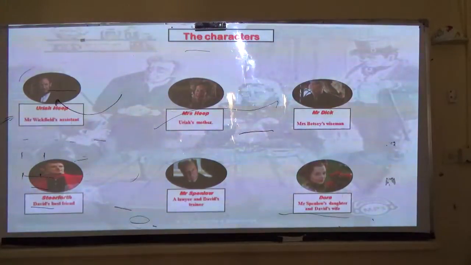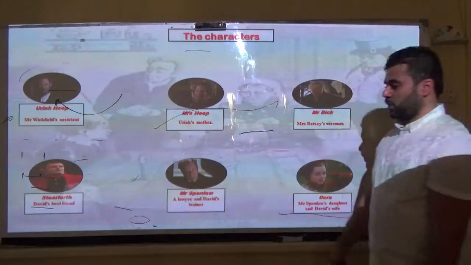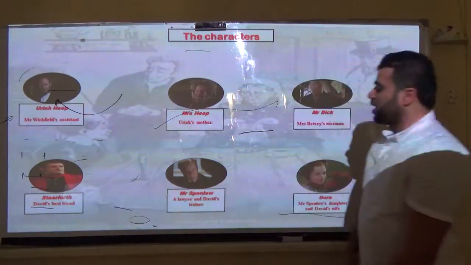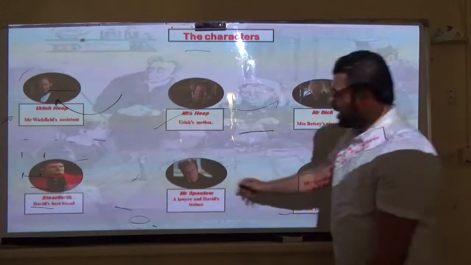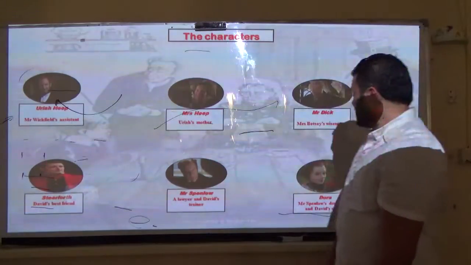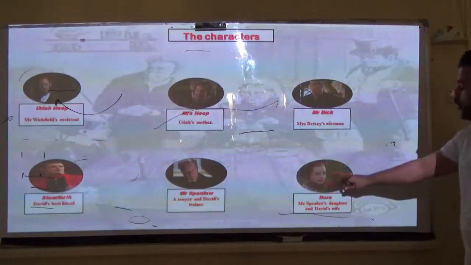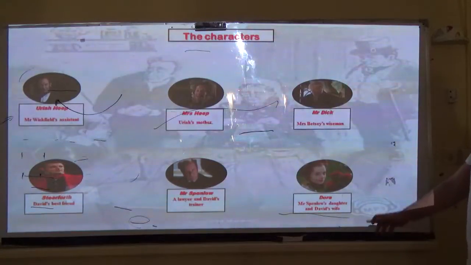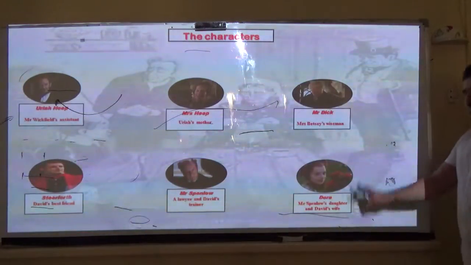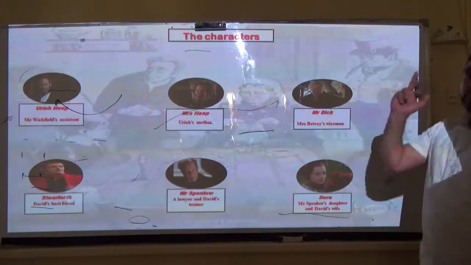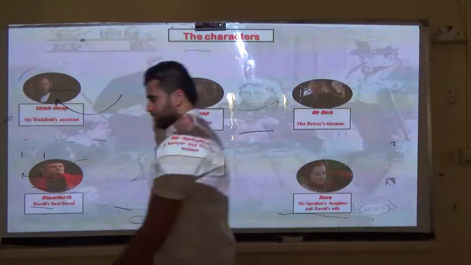Next, Mr. Spenlow. Mr. Spenlow was a lawyer and David's trainer, and he was the father of Dora. Dora was Mr. Spenlow's daughter, and she was the wife of David.